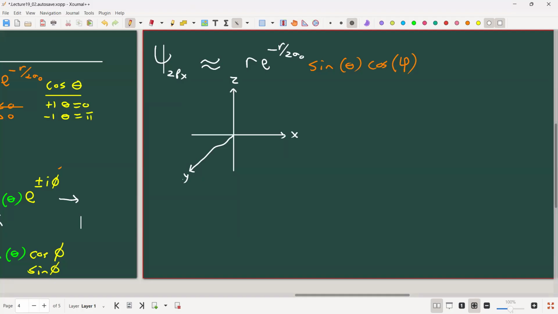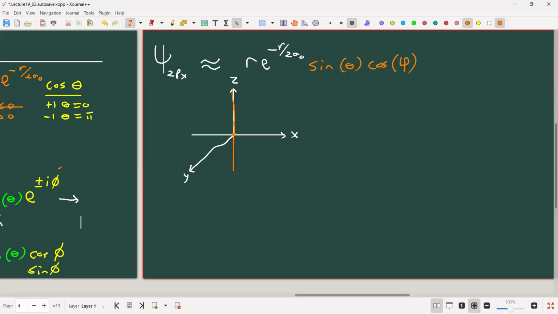Remember, if r is 0, this function is 0, and it's defined for all other r's. Sine of theta is 0, so the function is 0 if theta is 0 or pi. So the z-axis is a nodal line. It can't exist anywhere on the z-axis. This is all zeros.